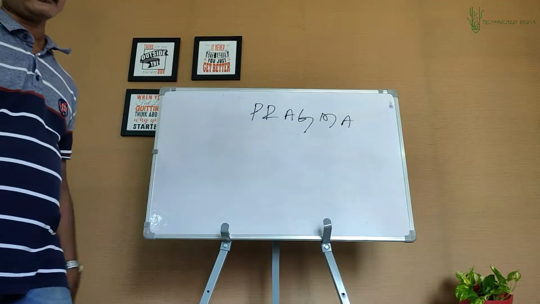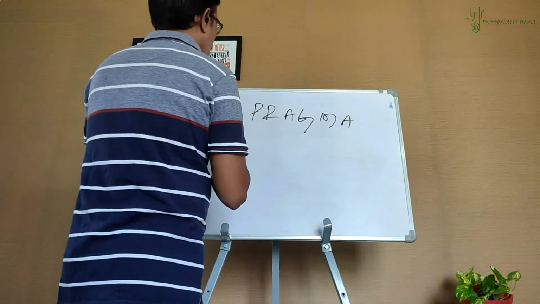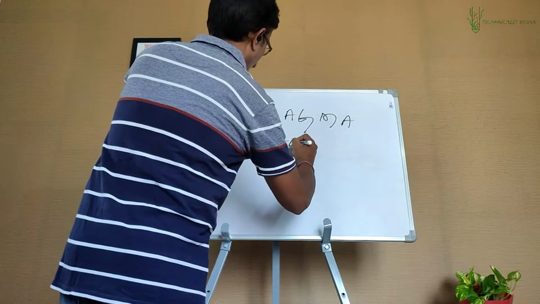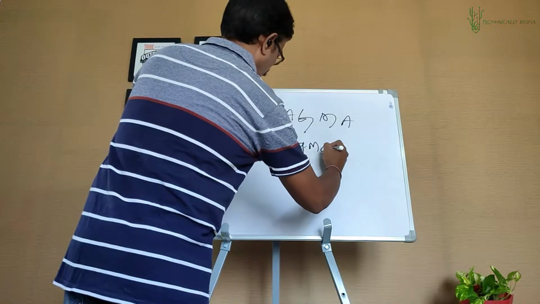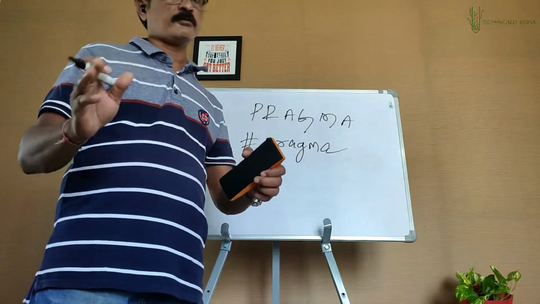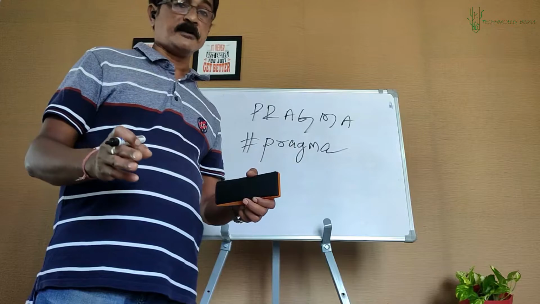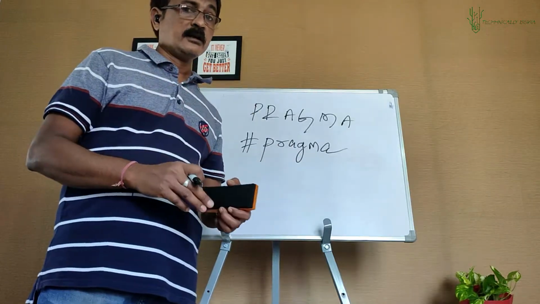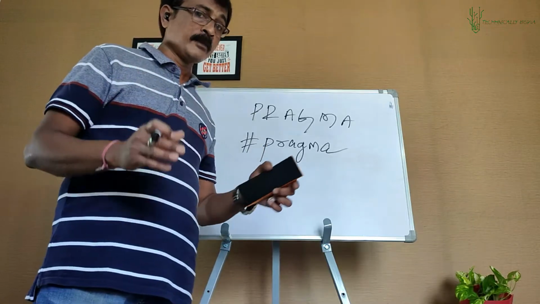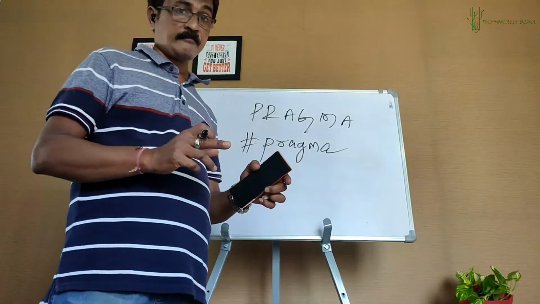Okay, now pragma, or rather to say #pragma, helps you add compiler specific features in a program. Your program can have compiler specific features using #pragma. Now remember one thing, this is again important, these features are entirely compiler dependent.